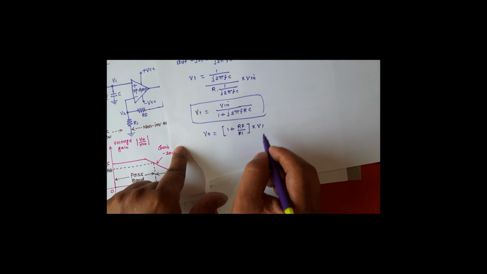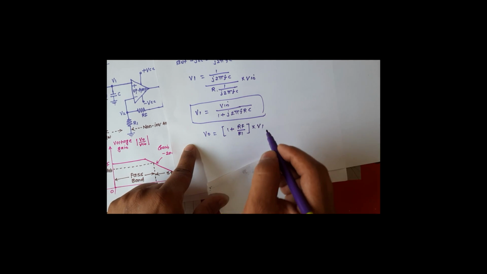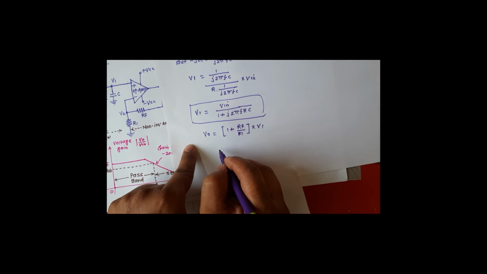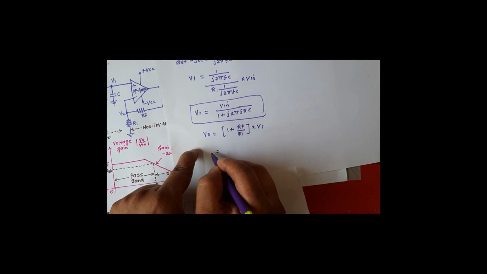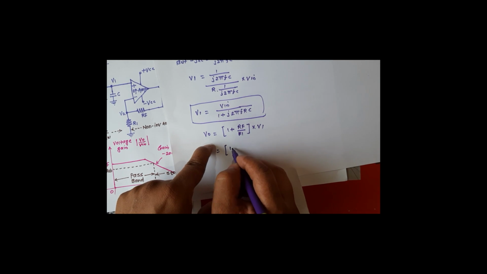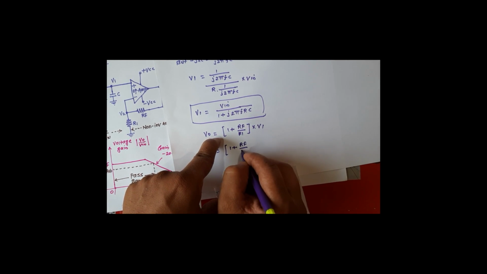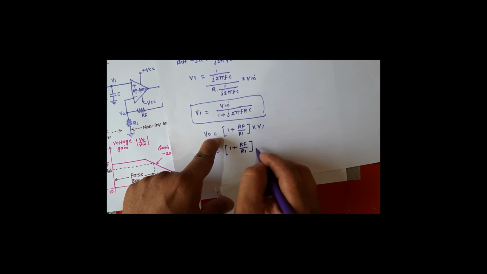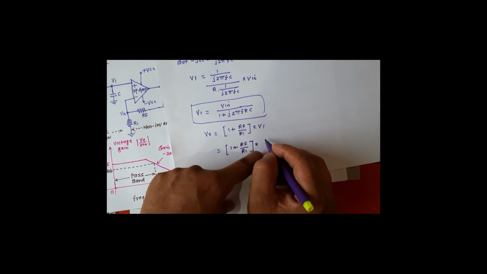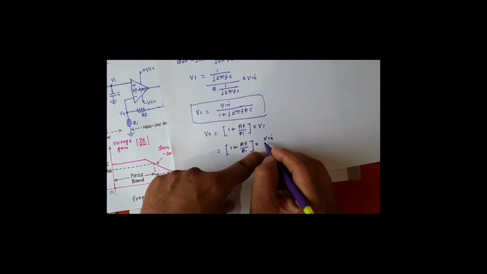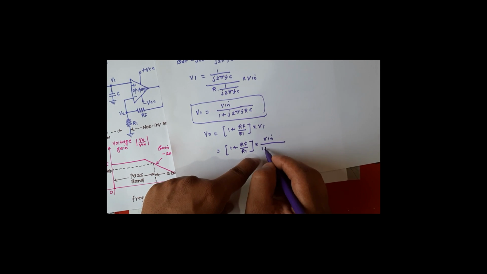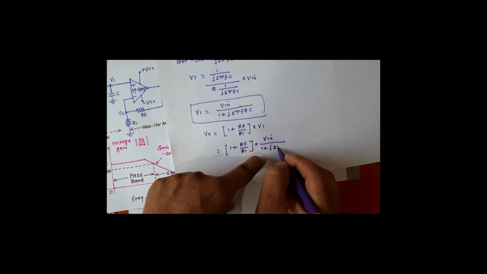So we know the equation for this V1. Substitute this V1 here. We will get V0 is equal to 1 plus RF by R1 into Vin upon 1 plus j2πf into RC.